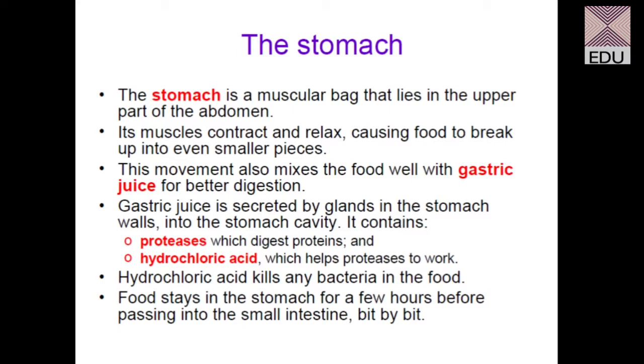The pyloric part will contract to some extent and pass the food into the duodenum through a valve called the pyloric valve. So ultimately the food will be passed to the duodenum, the first part of the intestine.